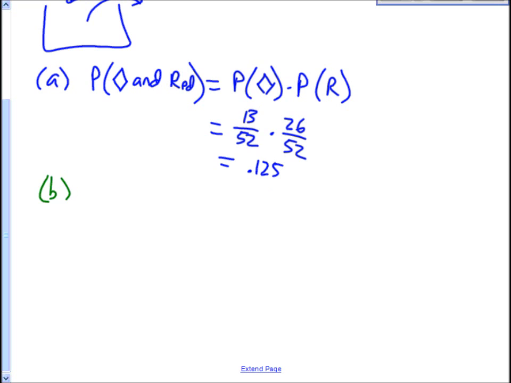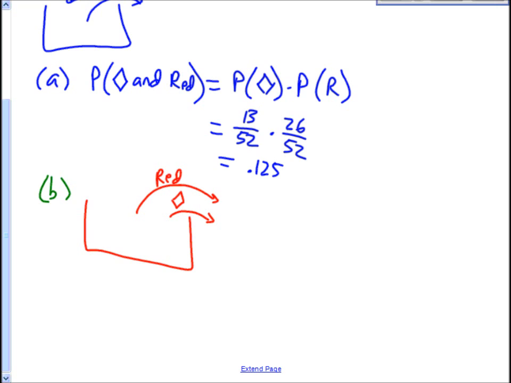Part B here, now this is without replacement, so we're pulling out a diamond, and then we're leaving it out. And you know what, let me make this in red here. Red would be appropriate. We're pulling out a diamond, and a diamond color, by the way, is red. And then we're pulling out a red.